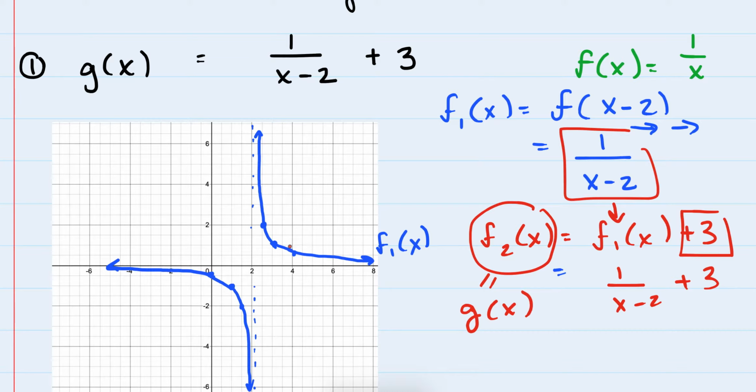So each one of these points is going to move up 3 units. So 1, 2, 3. This one goes up 1, 2, 3. And same thing with this one, up 1, 2, 3.